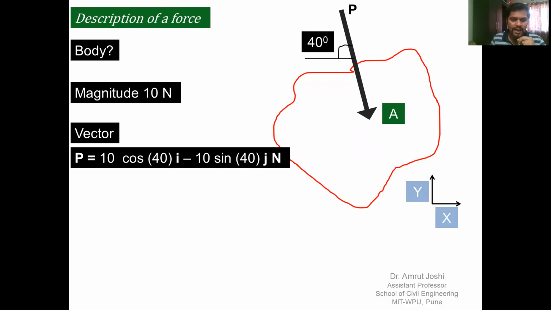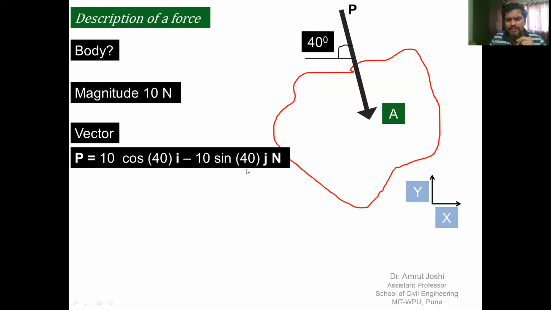So vectorially, I will represent this force P denoted in bold letter as it is vector in the following fashion. So P is equal to 10 cos 40 i minus 10 sin 40 j newtons. i and j are unit vectors in positive x and y directions as shown here. 10 cos 40 is the component of this force P in x direction as it is towards right, and x towards right is taken as positive, therefore it is positive.